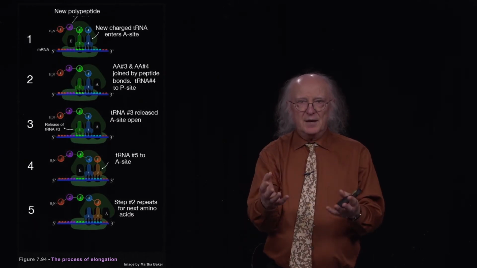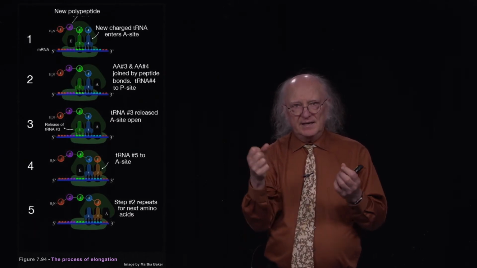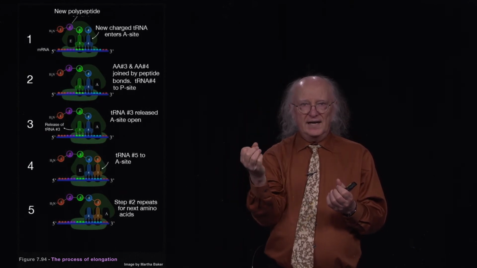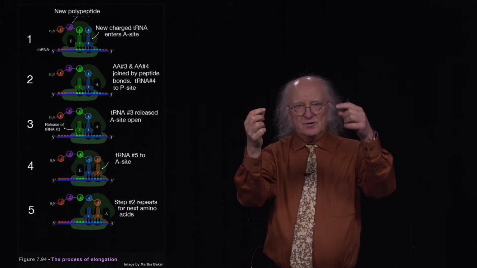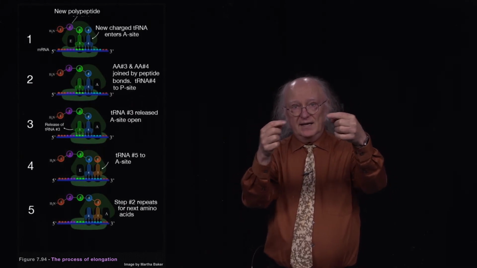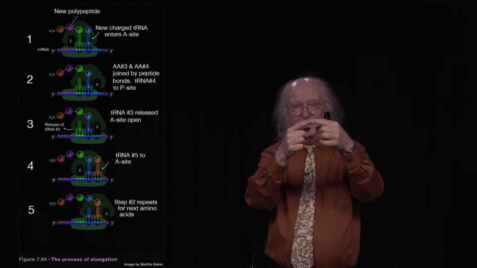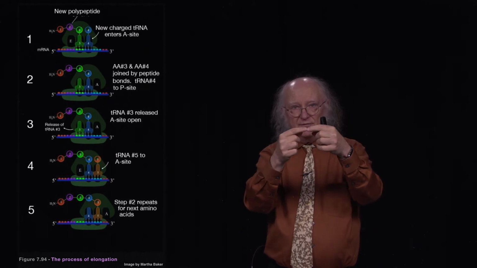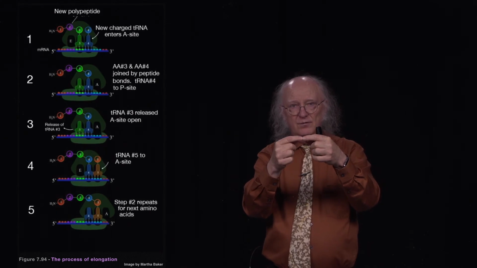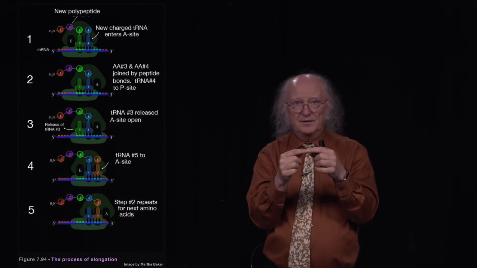Well, the next step in the process of elongation means that that amino acid that's on that transfer RNA in the A site has got to be joined to the FMET that's on the transfer RNA in the P site, okay? So that involves joining those two amino acids together to form a peptide bond.